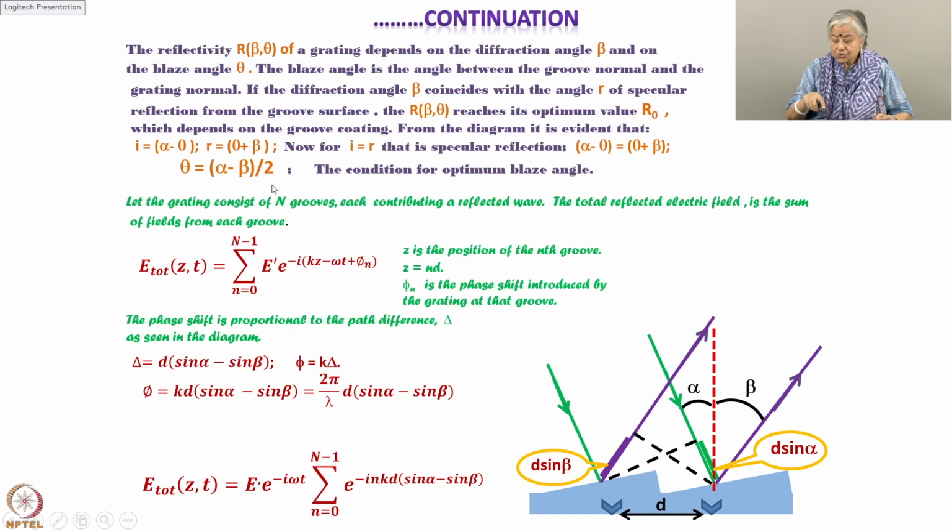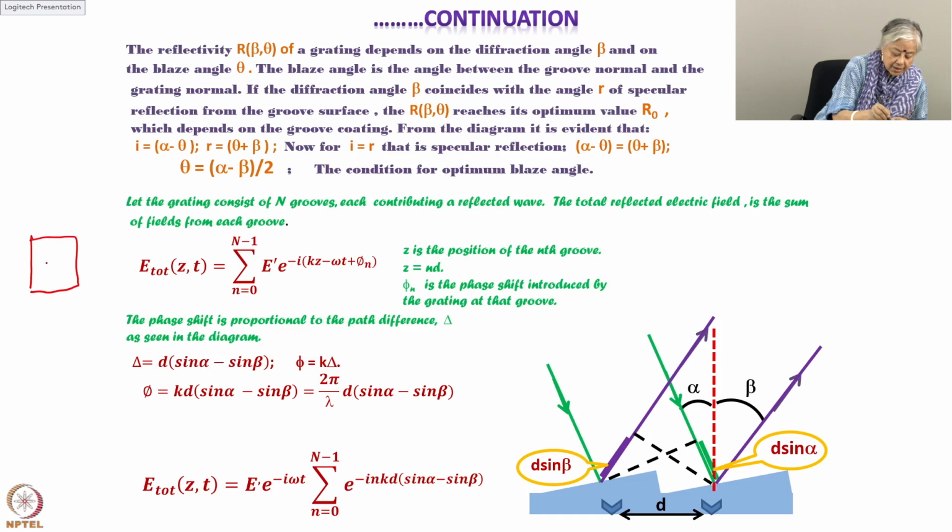Generally you will tell your supplier that you want a grating with a certain number of rulings. Number of rulings means these, so these are the rulings.